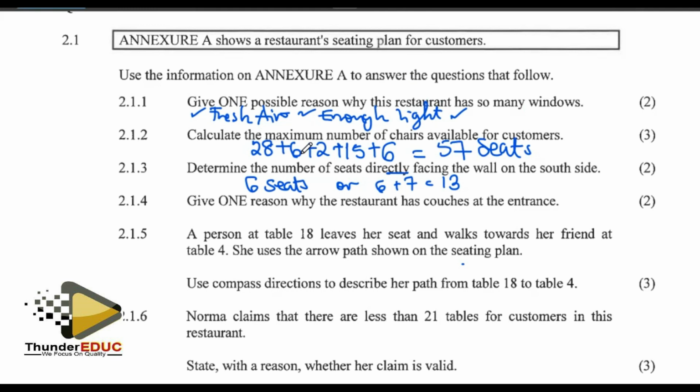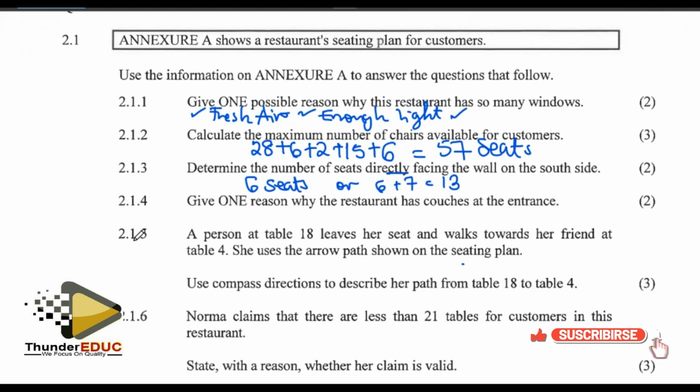So it confuses a little bit. But if someone is waiting for an order, let them have a seat. Then you know I'm left with these ones to serve. So the couches are for those who are waiting to take their orders. Give one reason why a restaurant has couches.